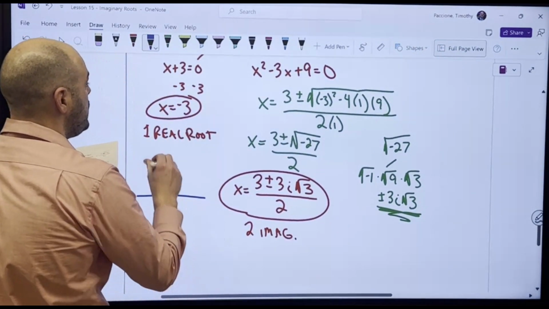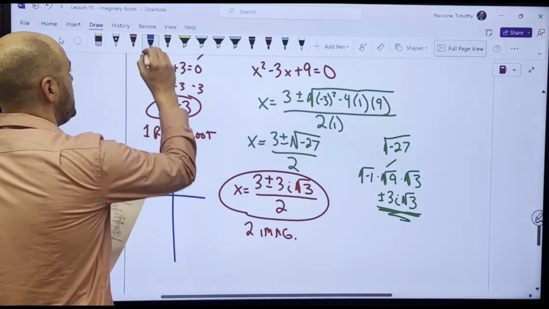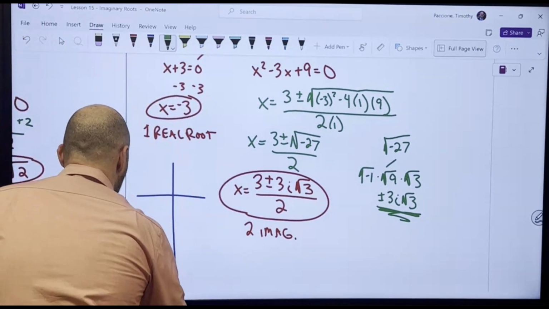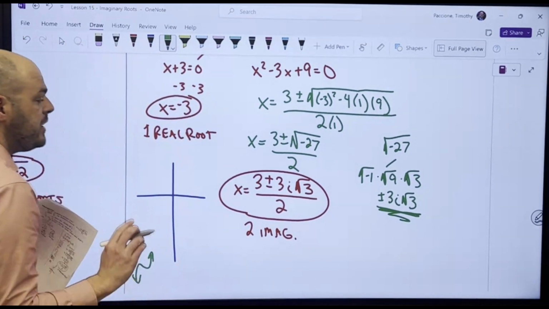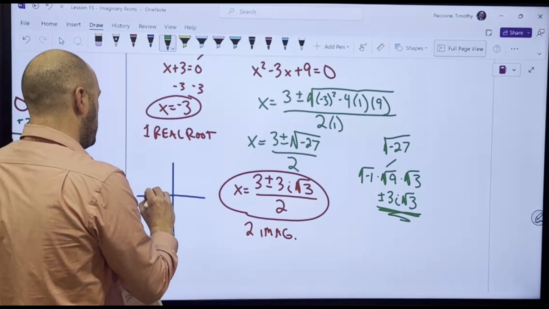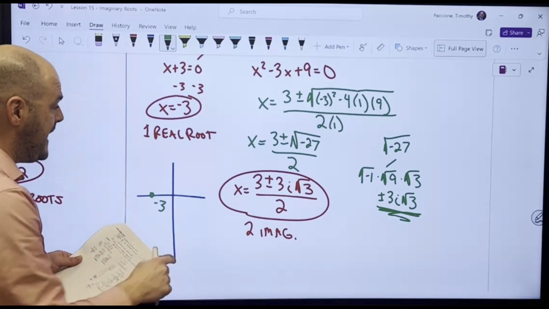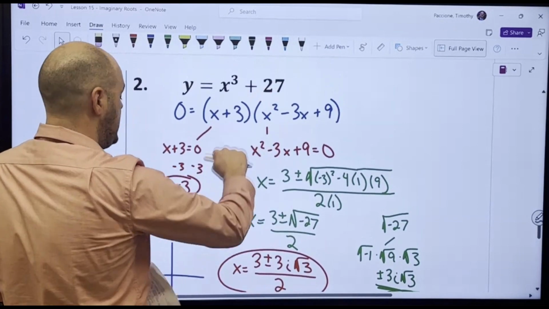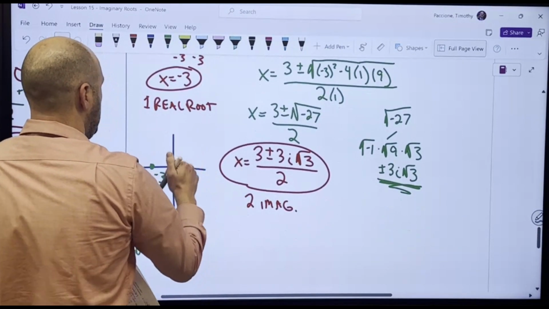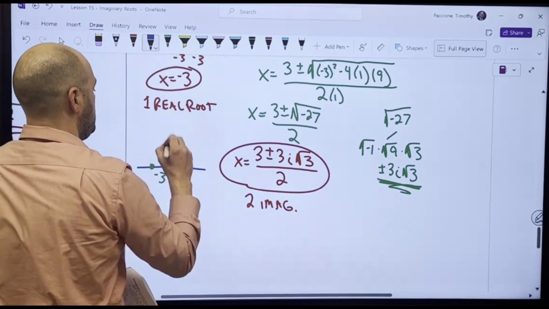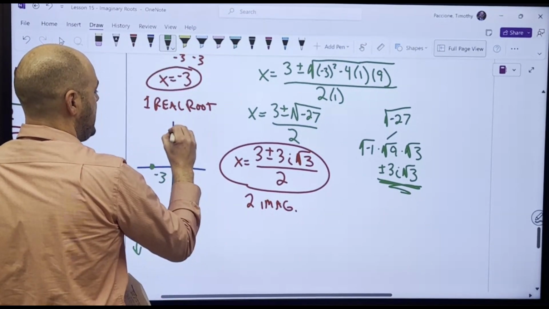sketch this. Now we know it's a cubic function that's positive, so it's going to look like that kind of thing, right? We know it only has one real root at negative 3, right here. And we also know it has a y-intercept of 27, which I know will be much higher than this, but we're just sketching. So we'll say that's up here.